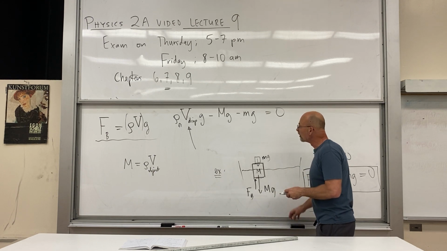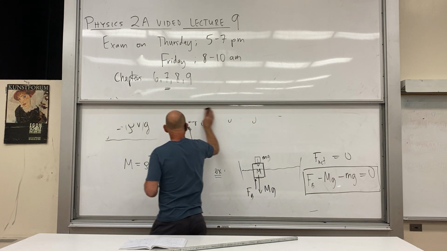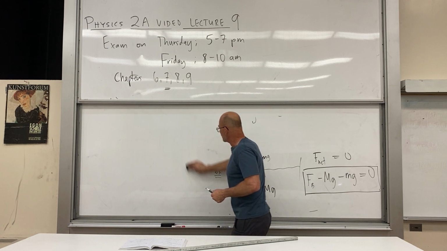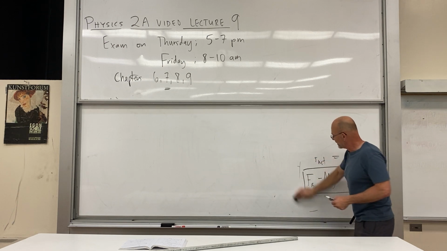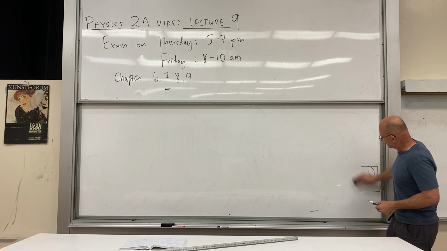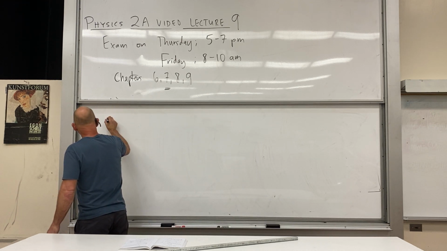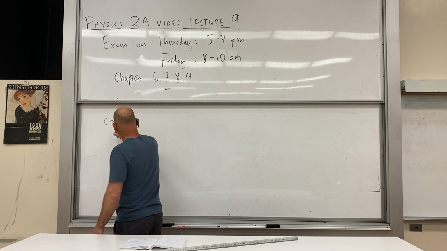Let me put down one more topic. If I do the Bernoulli's principle problem, which I've demonstrated, Bernoulli and continuity equations, you definitely want to have them in your repertoire as well.